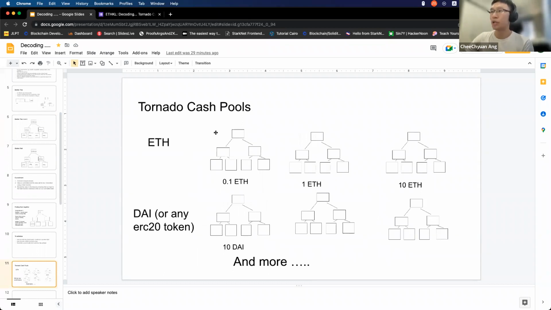So, how the Tornado Cash pools will look. Over here, you can see that there are multiple trees, and each tree represents a type of token and the denomination of the token.